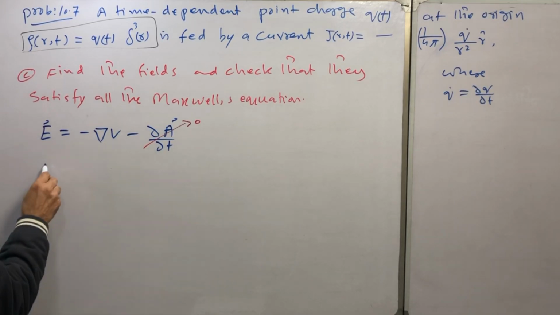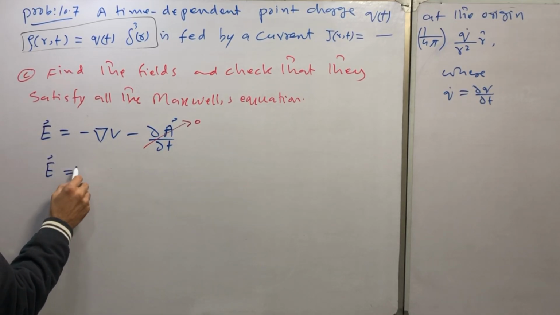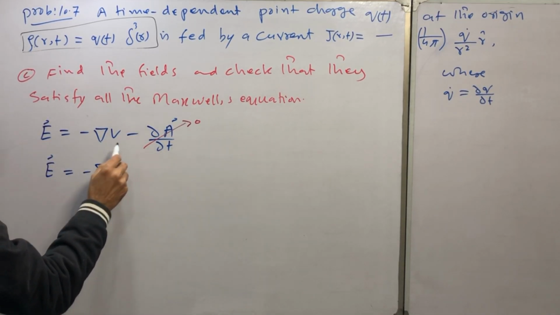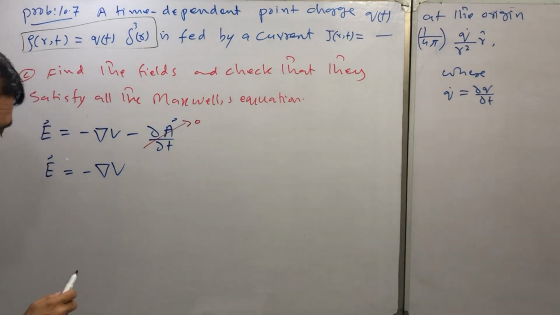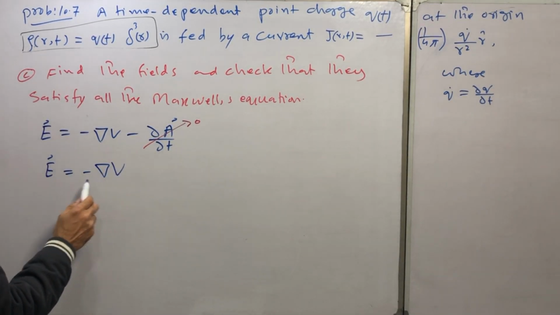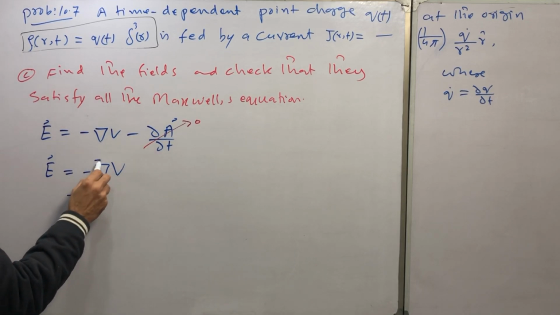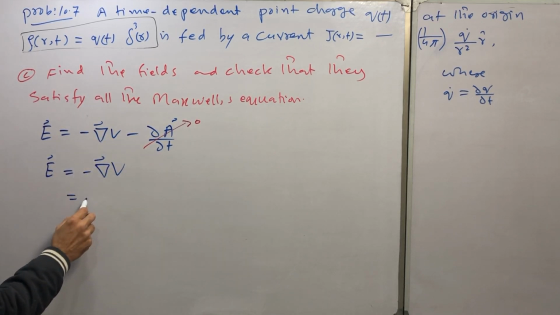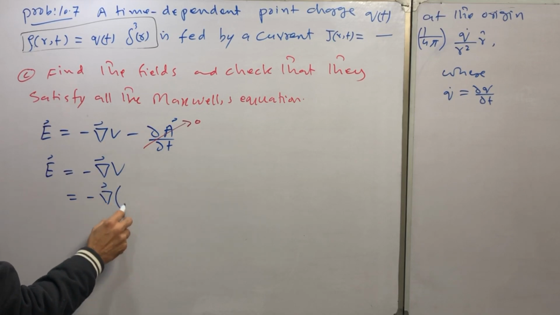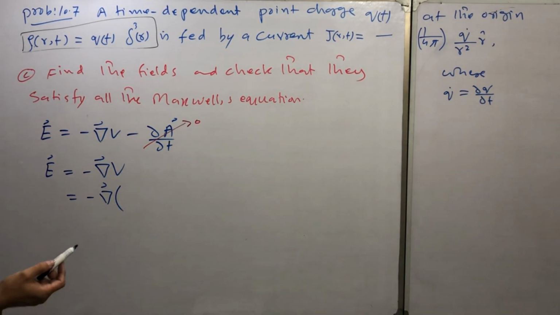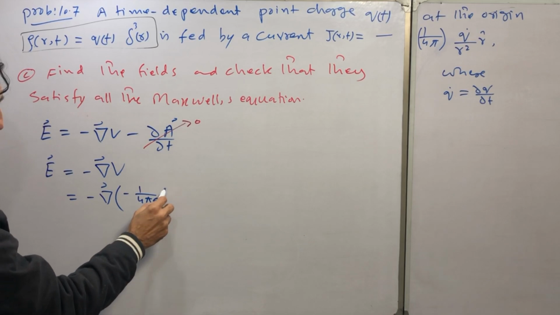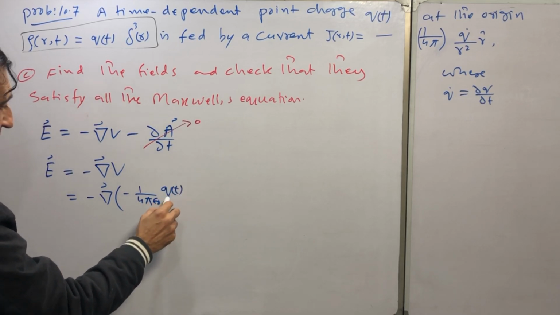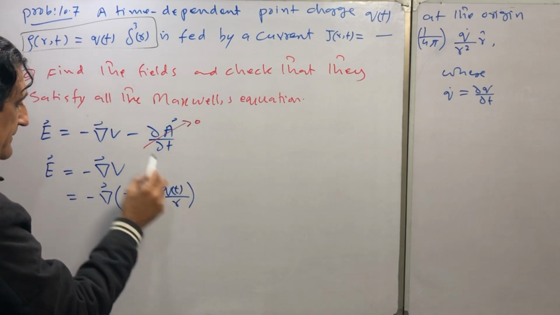Then the electric field is equal to minus del V, and we know the potential, so the gradient of this, we already calculated, is minus 1 over 4 pi epsilon naught q of t divided by r.